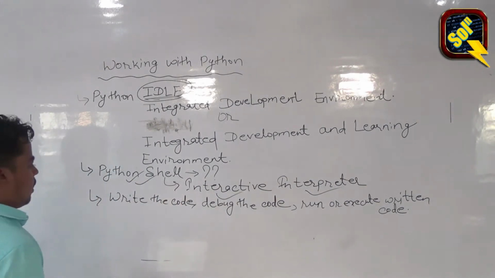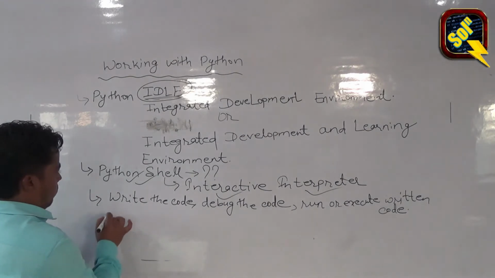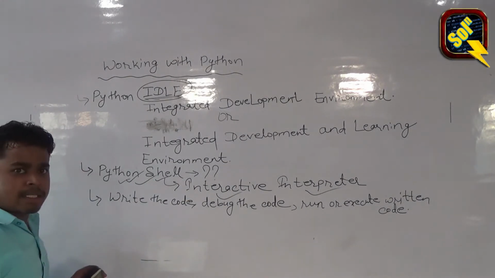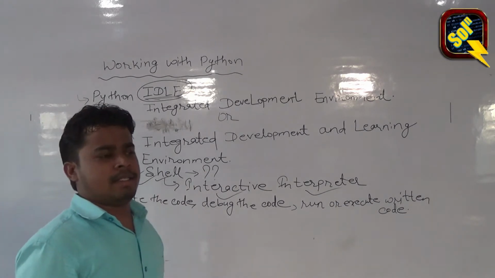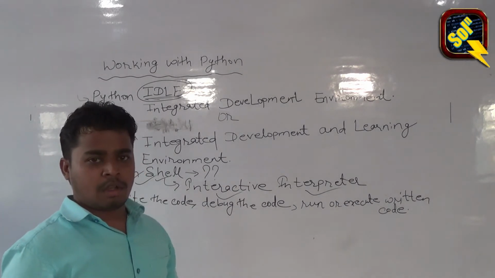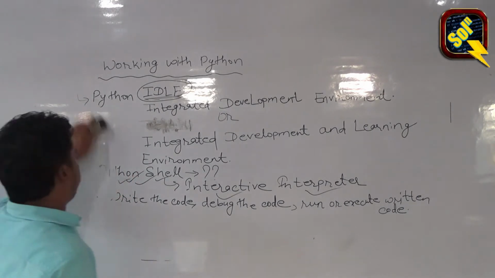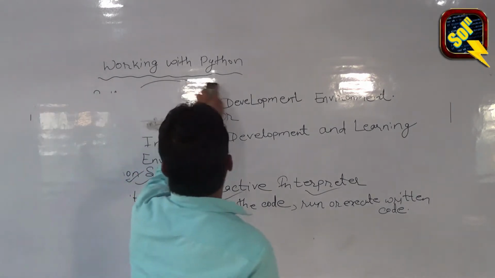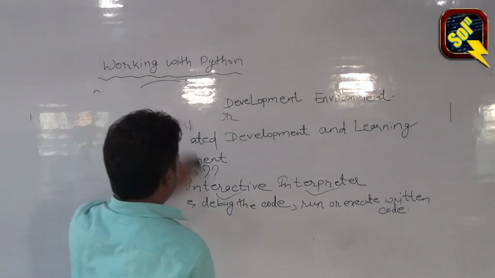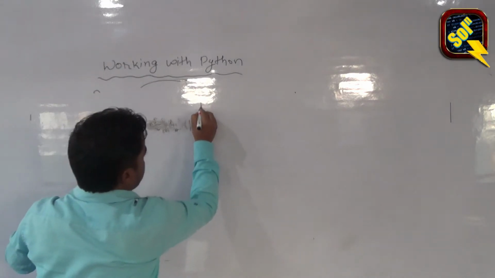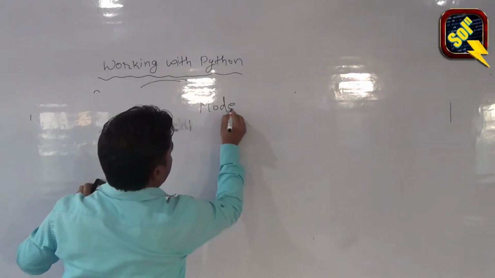Fine. Now here we got to know we can write the code in Python shell. Now the question arises, what are the modes? How can we write? Okay, so there are basically two modes in Python shell to write the code. So I mentioned modes of writing the Python code.